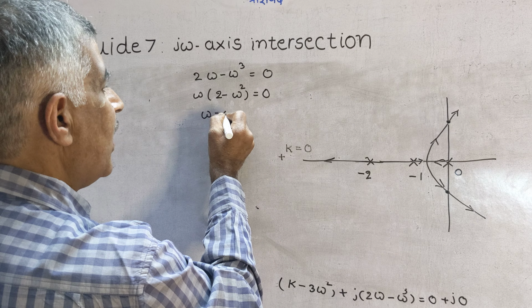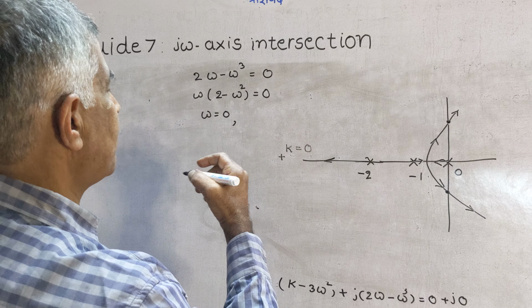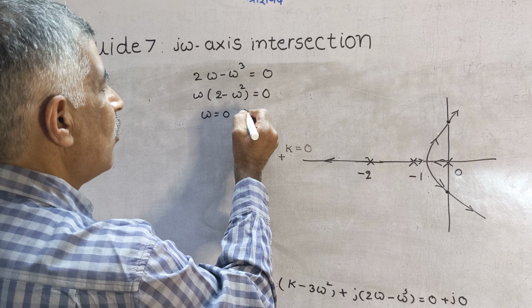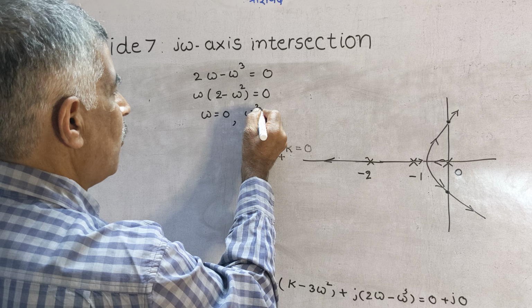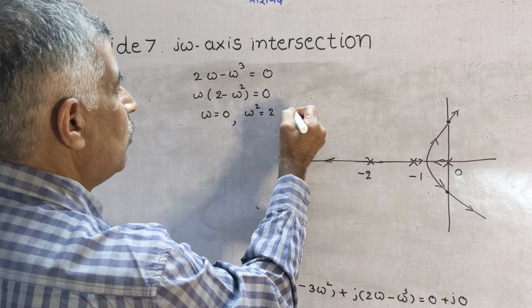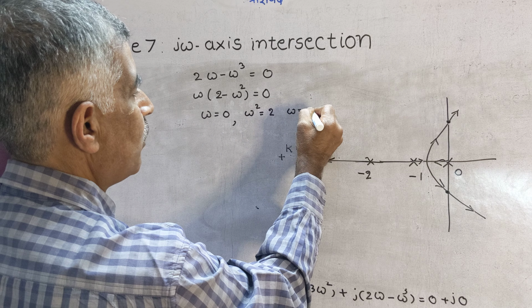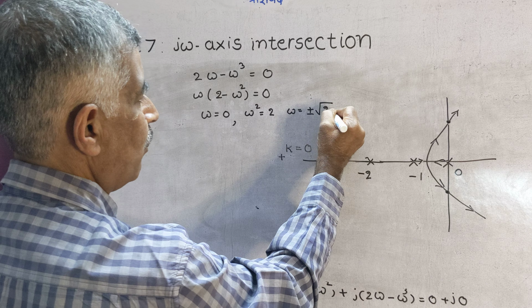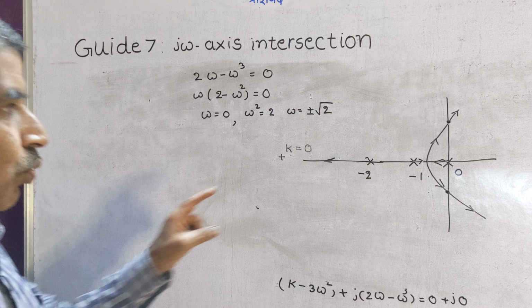Therefore, omega equal to 0 is one crossing point, and 2 minus omega square equal to 0, or omega squared equal to 2, and omega is equal to plus or minus root 2.